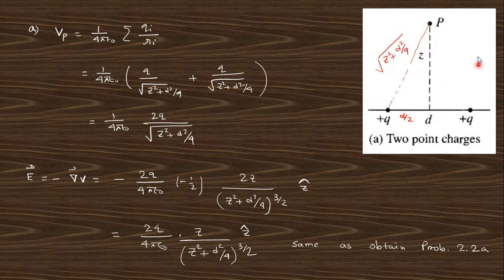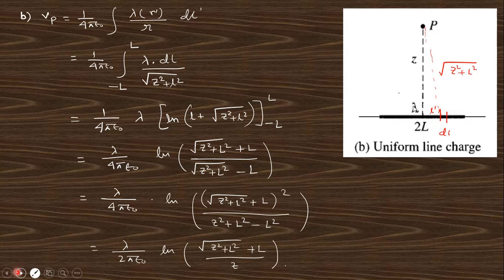This is the potential at that point, and the electric field will be the gradient of V. If you find the gradient of V with respect to z only, because there are no x or y functions, only a z function is present, then taking the derivative with respect to z of this function you will get this, and this is the same as we obtained in 2.2a. You can watch the previous lecture of problem 2.2a to get the same result.